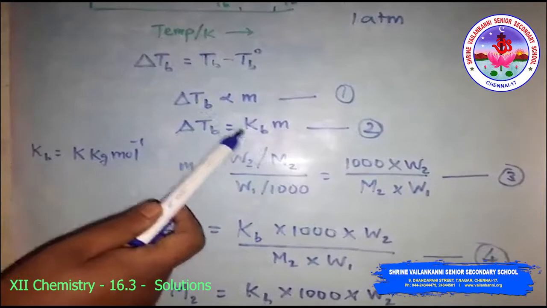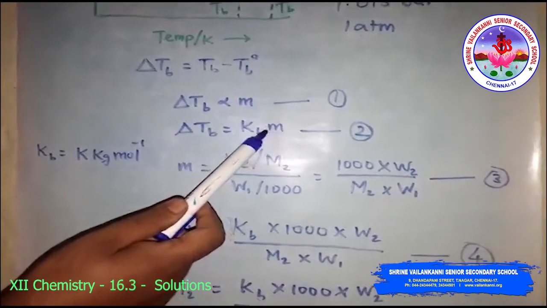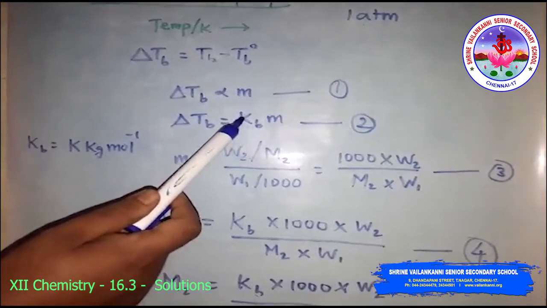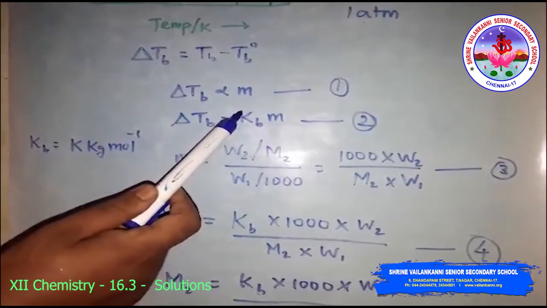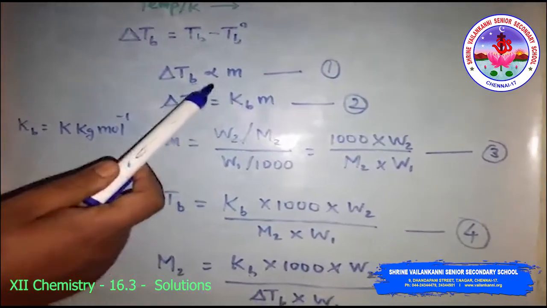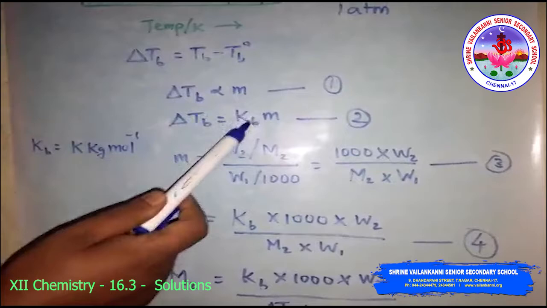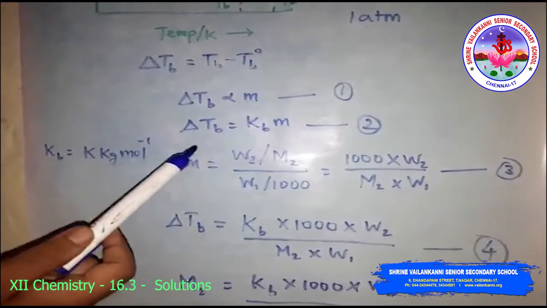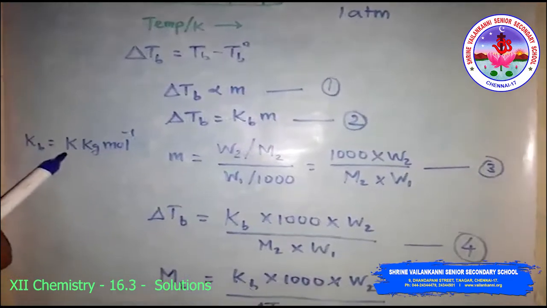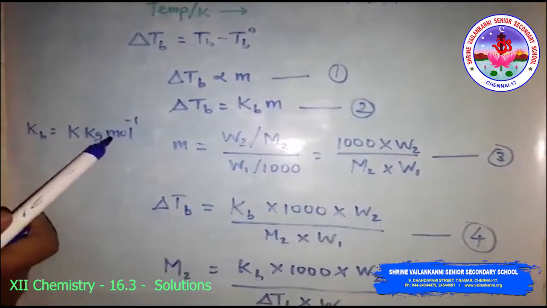Delta Tb equals Kb into m. This Kb is called the boiling point elevation constant, or molal elevation constant, or ebullioscopic constant. The unit of Kb is Kelvin kilogram per mole.